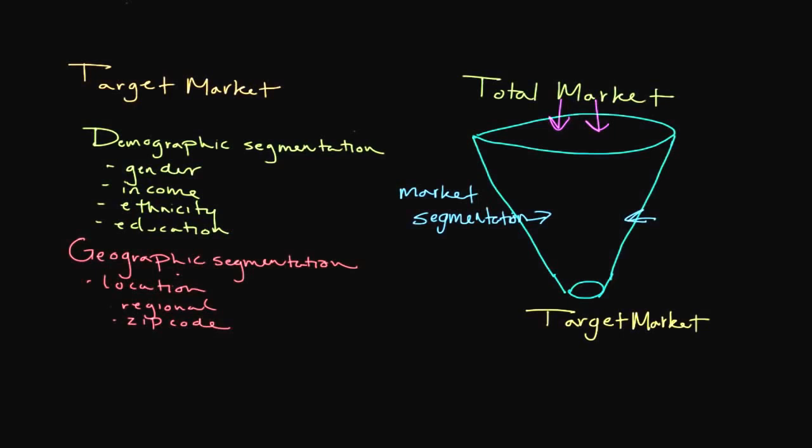Now, in addition to those two types, geographic and demographic segmentation, we're really looking at certain characteristics, and we're trying to infer, based upon the characteristics that you have, you are more likely to purchase a product. So there's no guarantee. Simply because you fall into a certain bucket on age, gender, ethnicity, education, maybe you have a high probability of doing something, but that doesn't necessarily mean that you will.